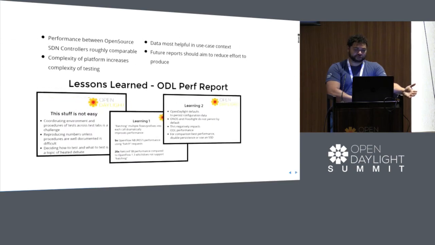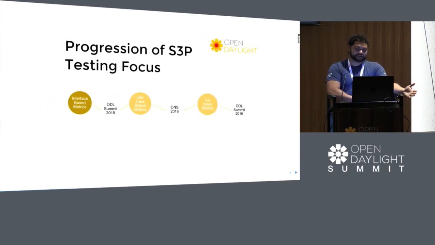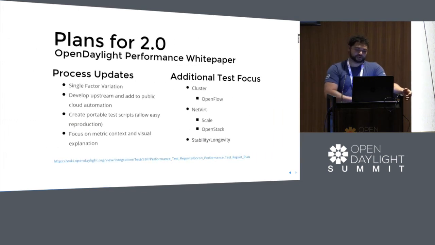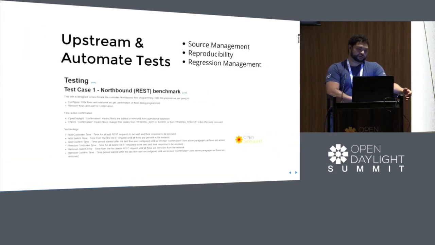When you have instructions to rerun these tests, they talk about the things you need to do in order to get similar performance to what you're seeing. If you look at test case 1, northbound REST benchmark, right above it, it talks about your local config, how you configure OpenDaylight, and how you configure other things, in order to make sure you're getting performance commensurate with what's reported in this test.